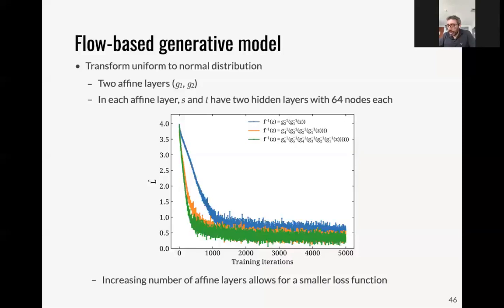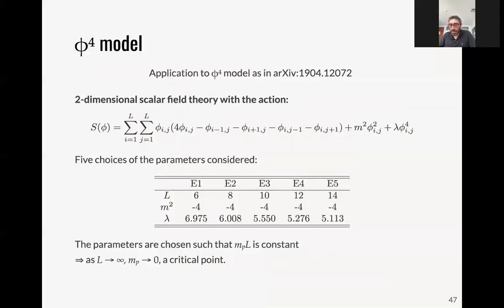Okay, and so the other thing that I want to talk about then is how this is applied to the phi to the 4 model, right? So this is taken from this paper, which you can also take a look at, but very briefly here, in the 2-dimensional scalar field theory, you have an action that looks like this.